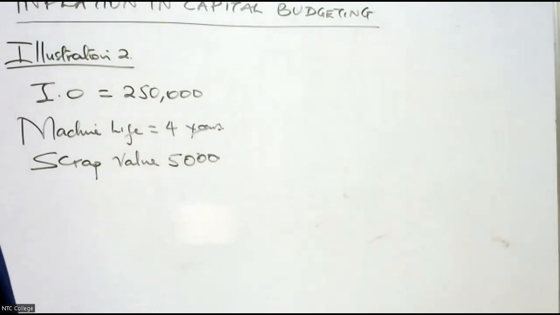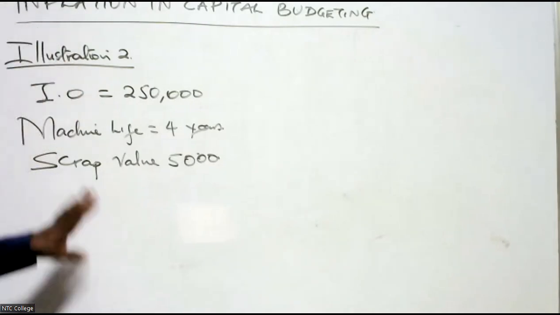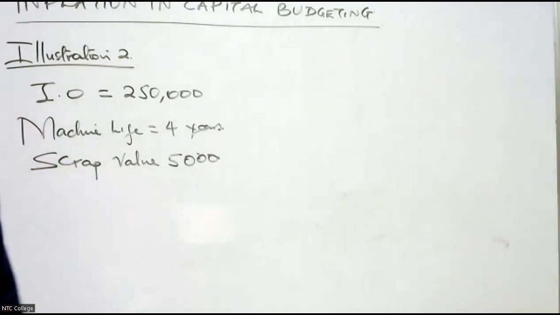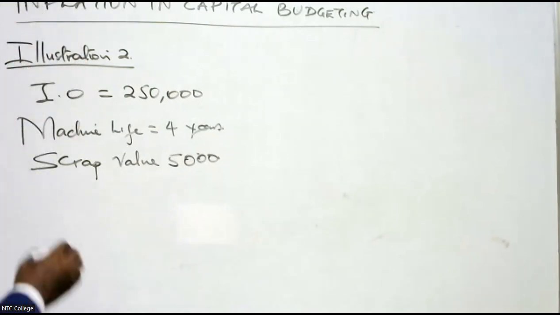Depreciation. Yes, depreciation. Thank you. Depreciation comes to your mind. And then another thing that comes to your mind is the terminal value at the end of the year. That value of cash flow of scrap value is called terminal value. Okay, so let's look at the cash flows.